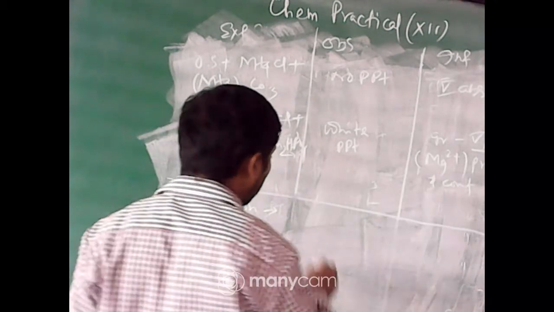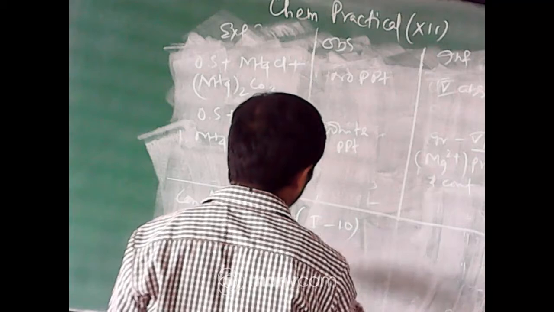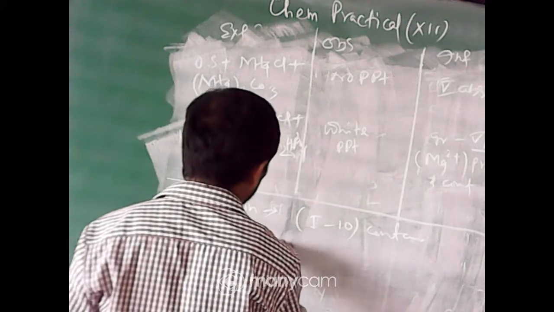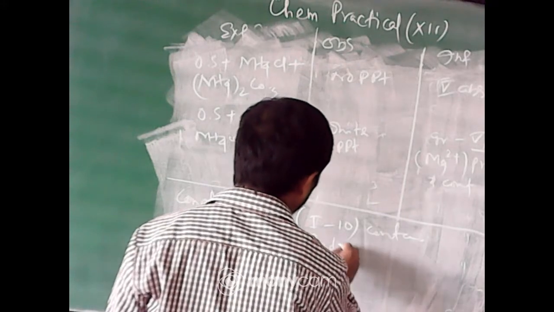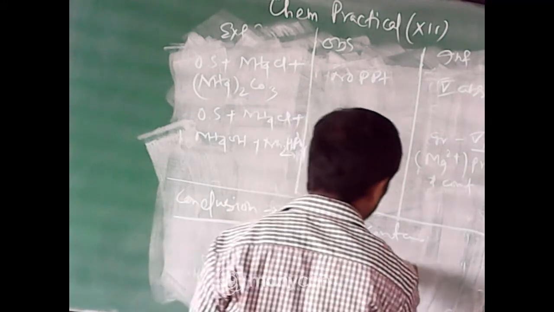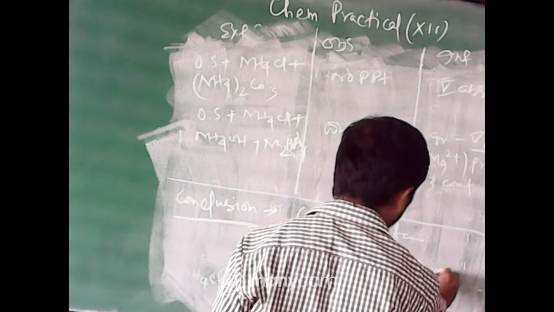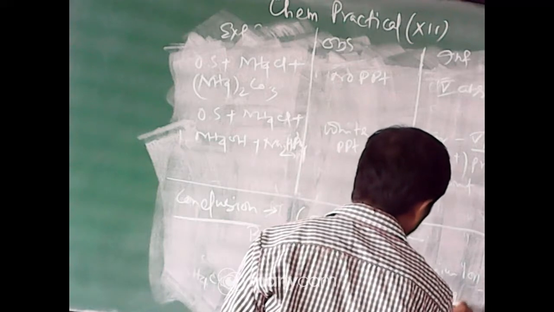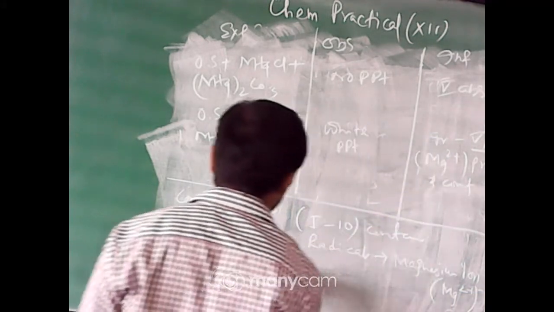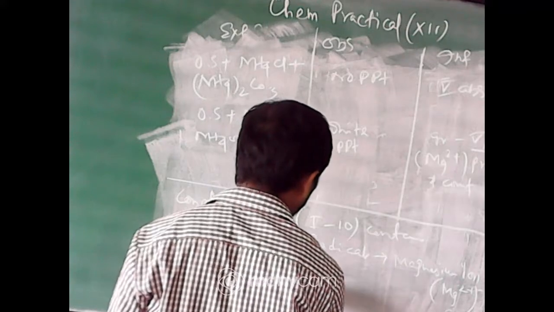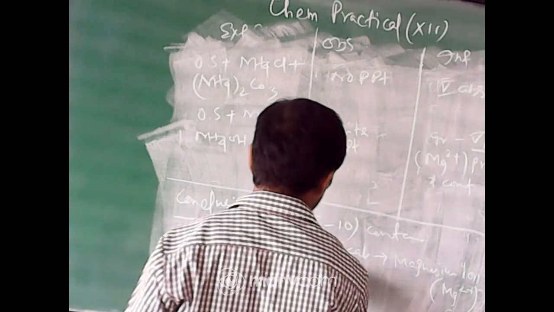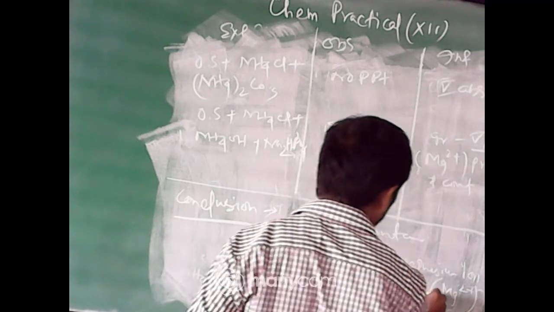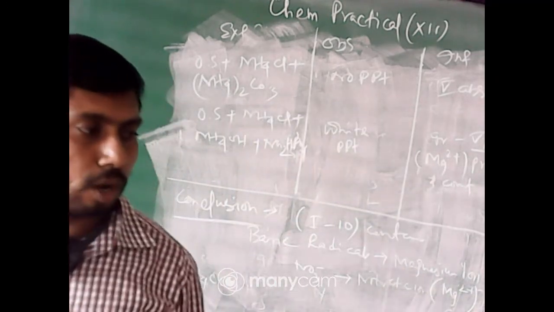Our supplied sample, suppose I10, contains the basic radical, that is magnesium ion, within bracket Mg2 plus, and nitrate ion NO3 minus. So in that way you have to complete the overall procedure.